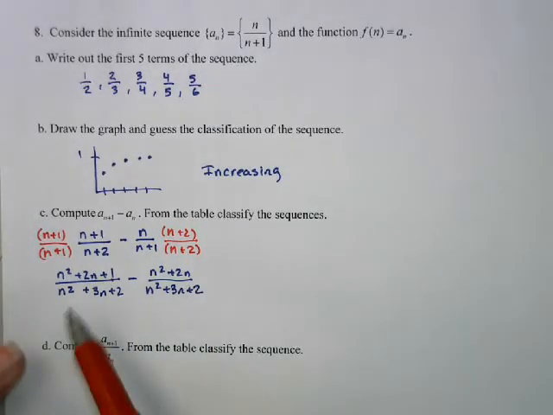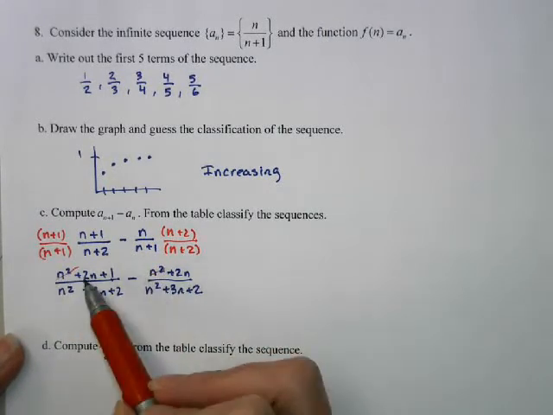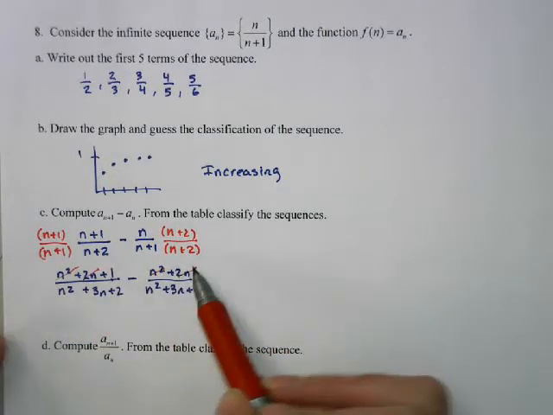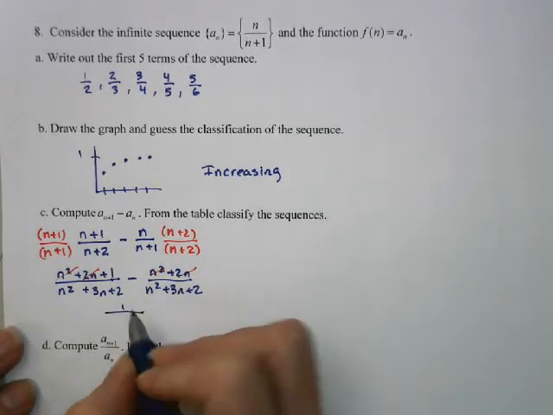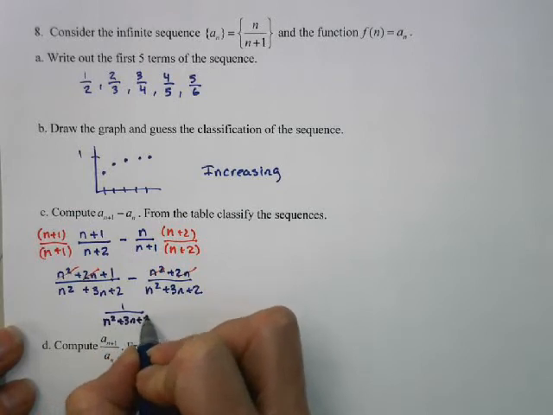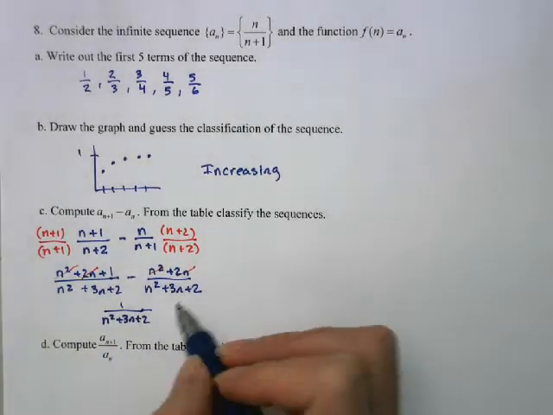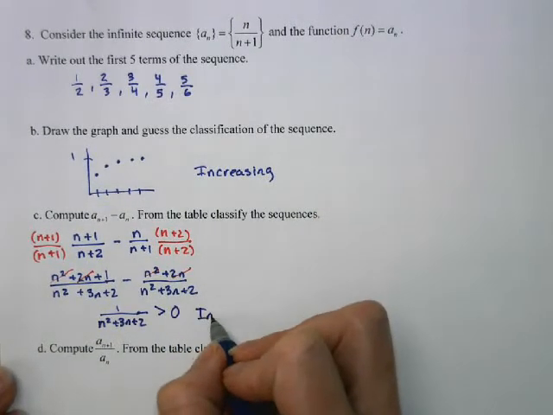So when we take this and subtract this, n squared minus n squared, 2n minus 2n, so we are left with 1 over (n squared plus 3n plus 2), which will always be greater than 0, which means this is increasing.